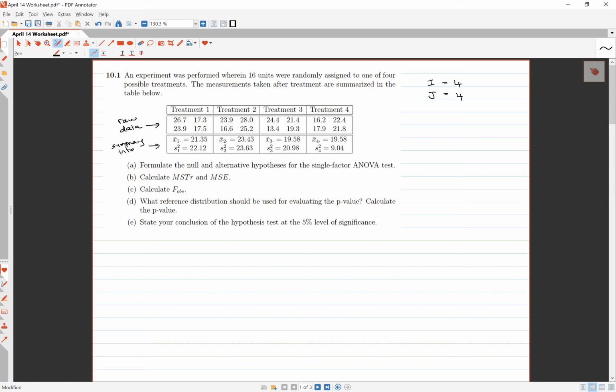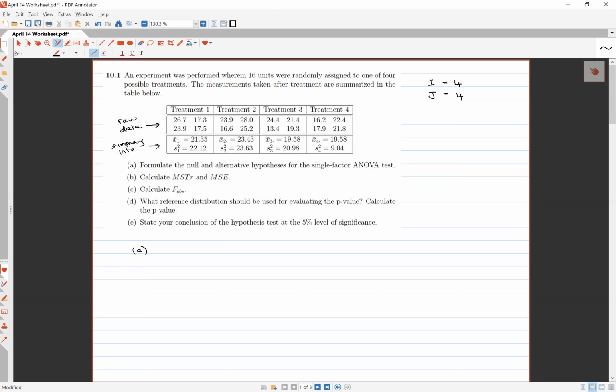So first question asks us to formulate the null and the alternative hypotheses for a single factor ANOVA. And single factor ANOVA is the only kind of ANOVA that we'll be doing. That just means we're not, say, trying to compare both a treatment and a dose within the treatment. Like that, there aren't two different factors that we're comparing.